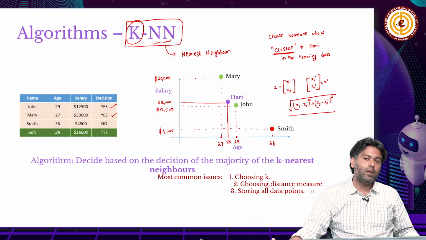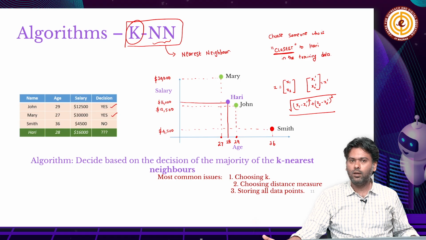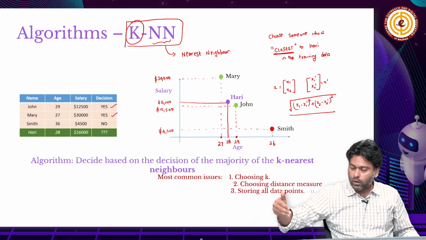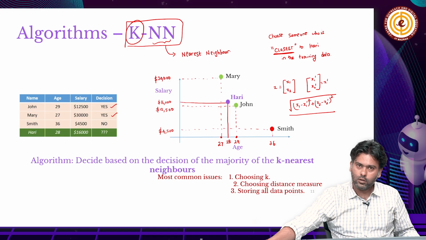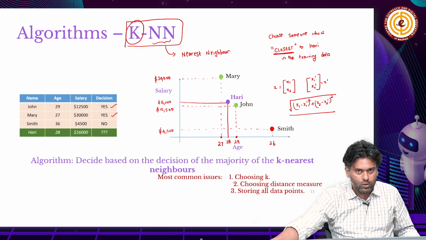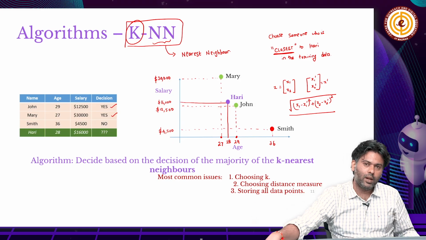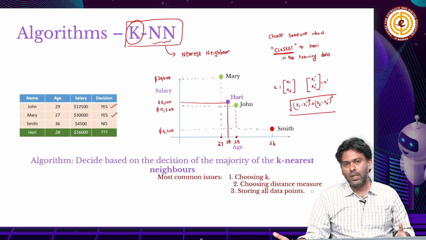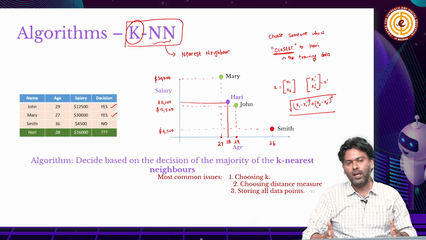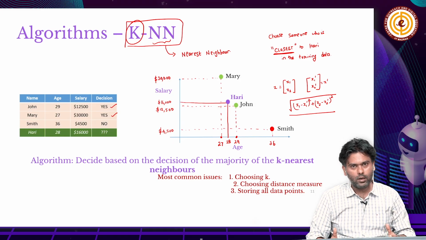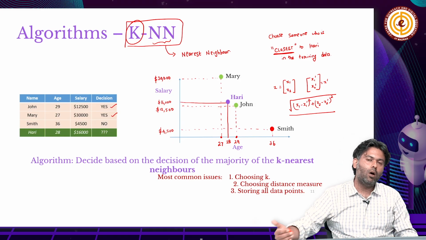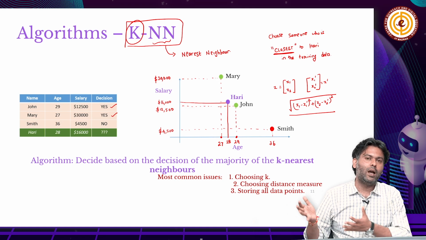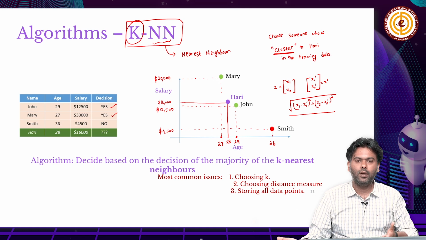But then there are 10 million customers in the bank history. So, I need to figure out the distance of the new customer to each of these 10 million people, and then sort them and take the top 11, and that is a very, very expensive computation. In other words, to make a final decision for any data point, you need all the 10 million data points to be available to you, right?